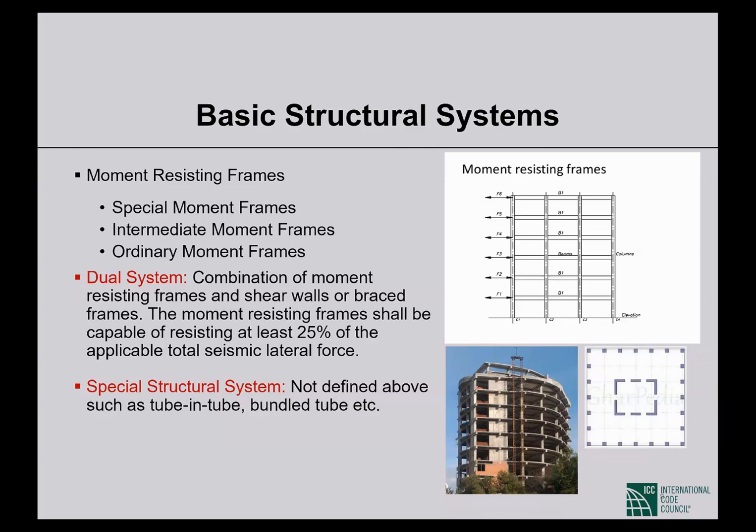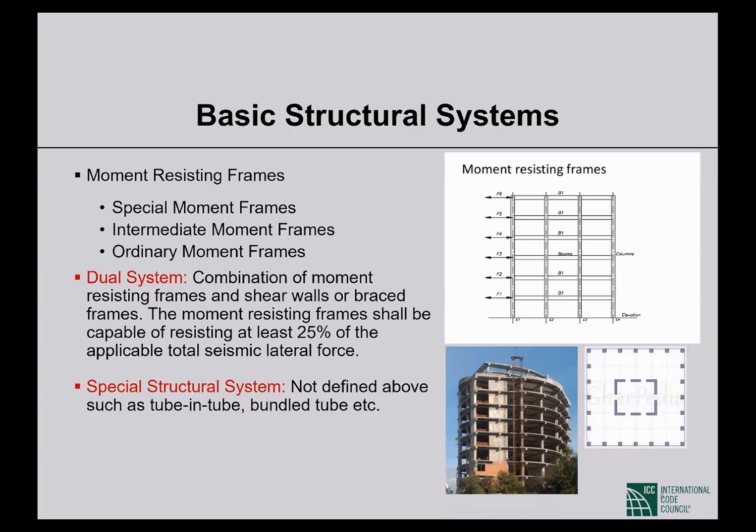Dual system, I think many of you know about these. Dual system has both beam column frames and shear walls or bracings. The difference between the bearing frame system and the dual system is that in a dual system, the beam column frames in a building also carry a portion of the lateral load, at least 25% of the lateral seismic load.